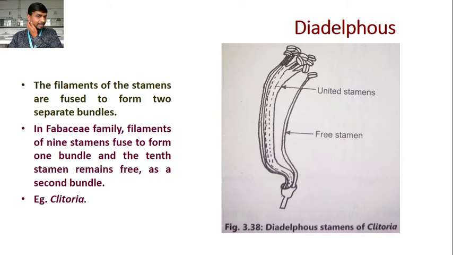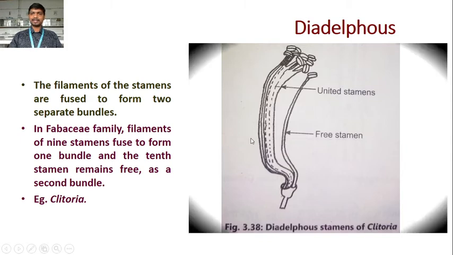In the hibiscus we see the monoadelphous condition, where the filaments are united to form a single bundle, but in Clitoria there is a diadelphous condition where the filaments of the stamens are fused to form two separate bundles. There are 10 stamens, out of which the filaments of 9 stamens fuse to form one bundle, and the 10th stamen remains free as a second bundle. This is the diadelphous condition.